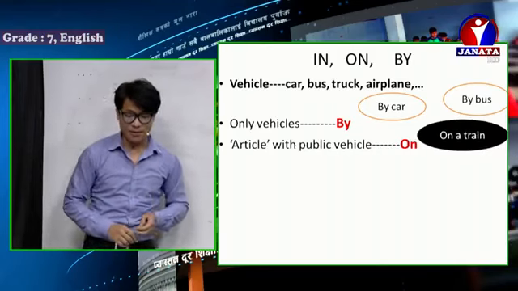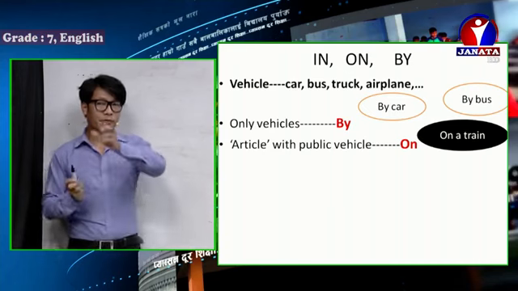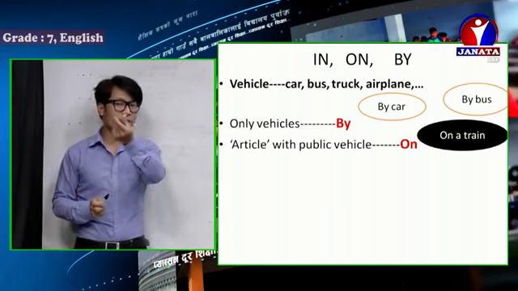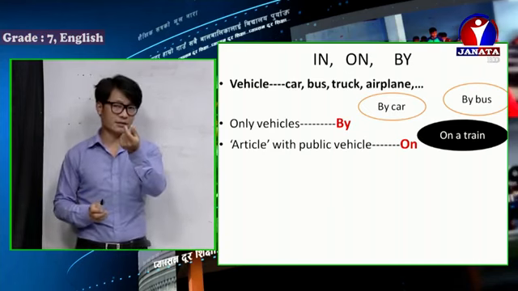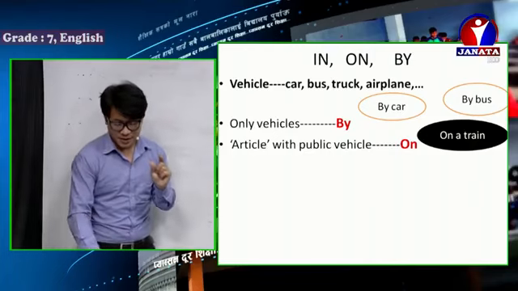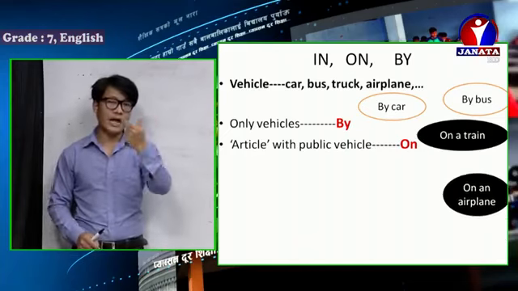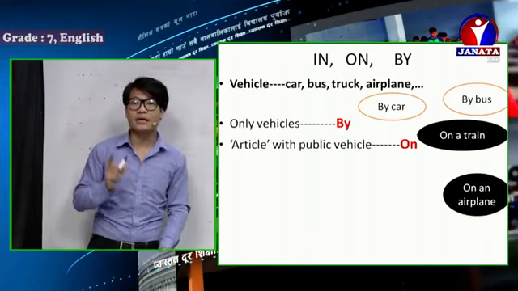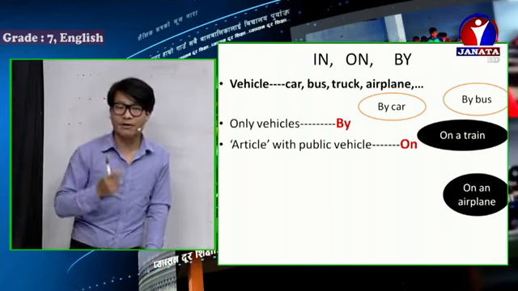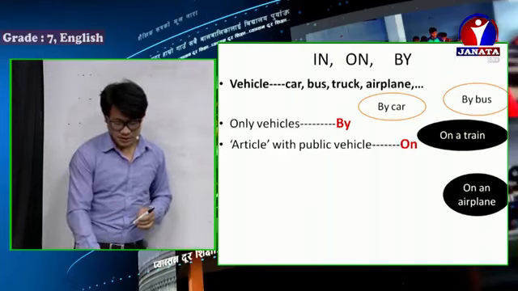Let me give an example. On a train. Before train there is the article a, so we should use on. Let me give you the next example. On an airplane, because an airplane is a public vehicle. So we use on.